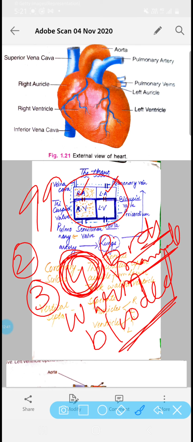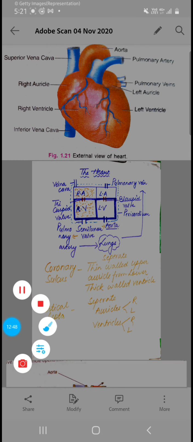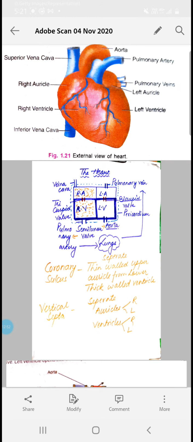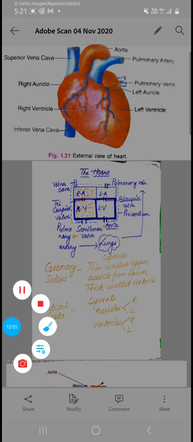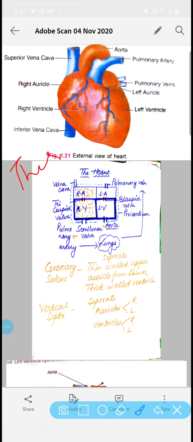Is that clear? Now, as we compare with the lower organisms, fishes, they don't require that much, as they cannot thermoregulate, as they cannot show the property of thermoregulation.